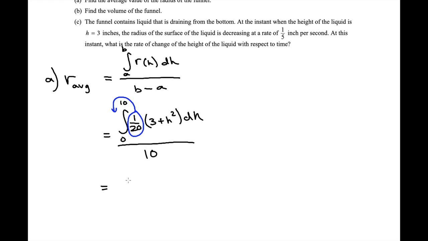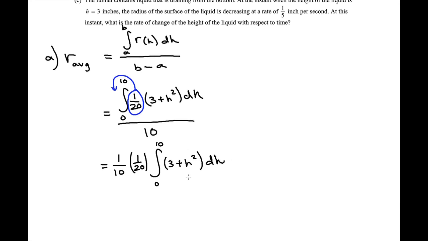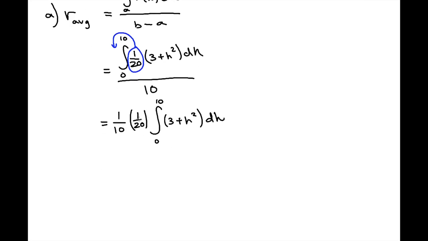If we do that, I will get 1 over 10 times 1 over 20 times the integral from 0 to 10 of 3 plus h squared dh. Now we can just go ahead and integrate that. Firstly, these two fractions multiply to 1 over 200.